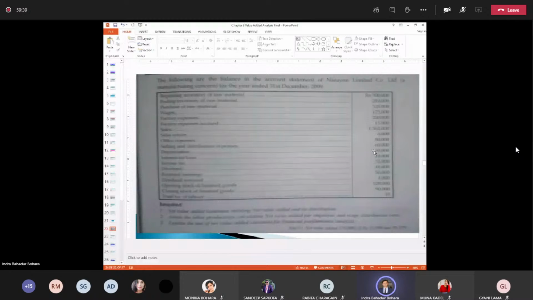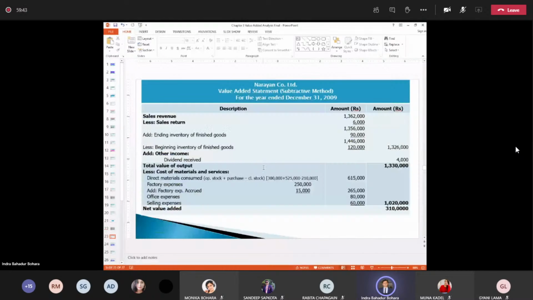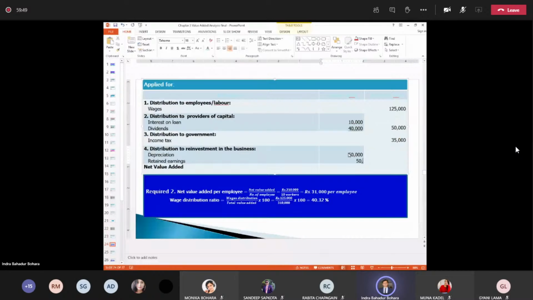Depreciation amount is 50,000. Retained earning amount is 50,000. Both are 50,000. So you write down in the detail amount column 50,000, and in the second amount column, it is 1 lakh.